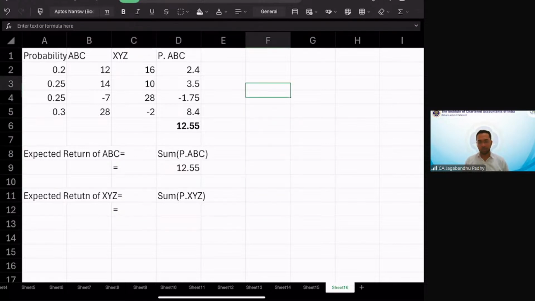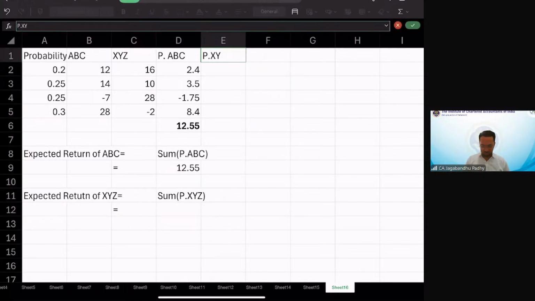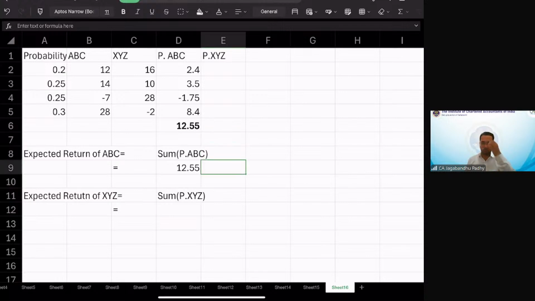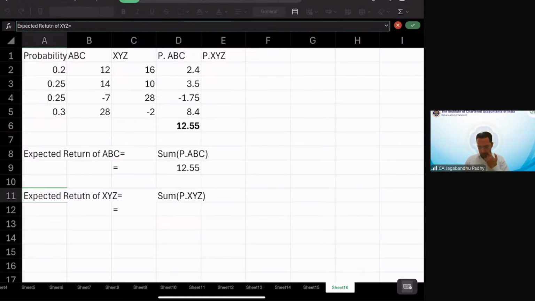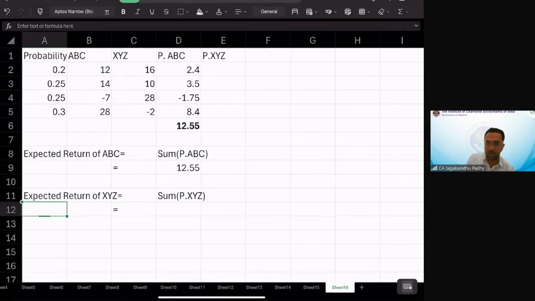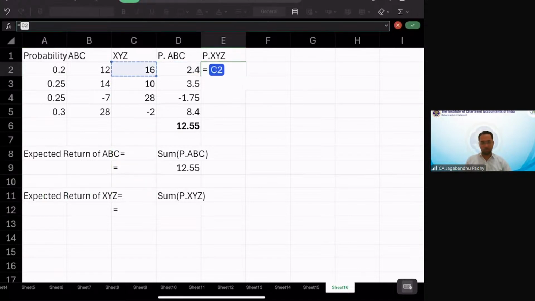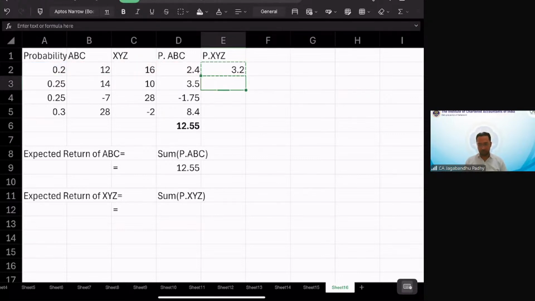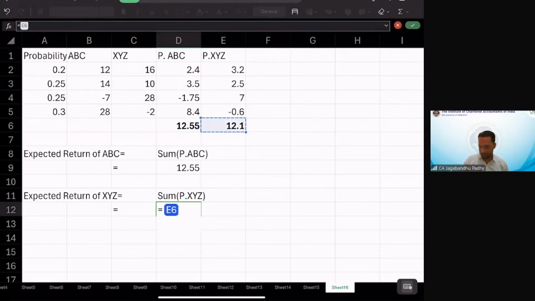So we calculate the numbers, probability multiplied by XYZ, and then take the total. Give me the expected return of XYZ, guys. This will be computed simply as probability multiplied by XYZ, then we take a summation. So the return is 12.1%.